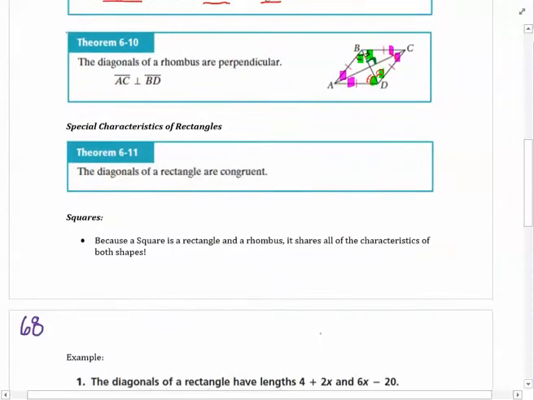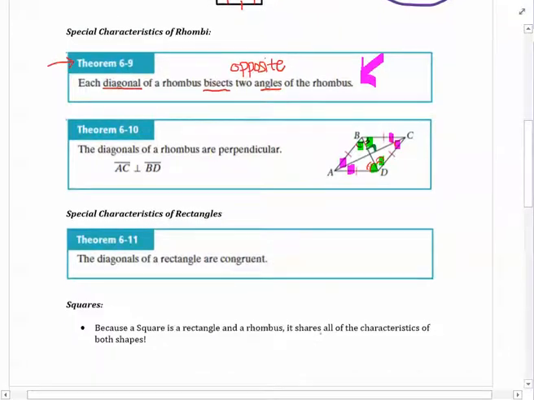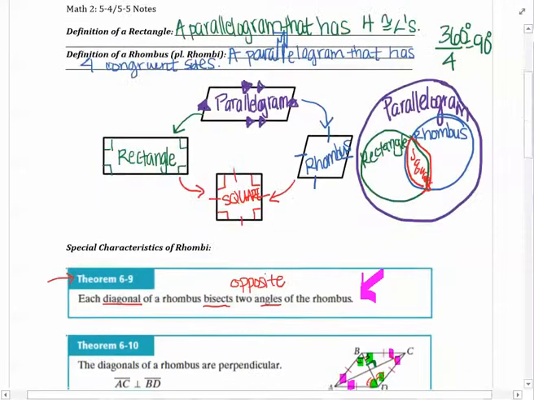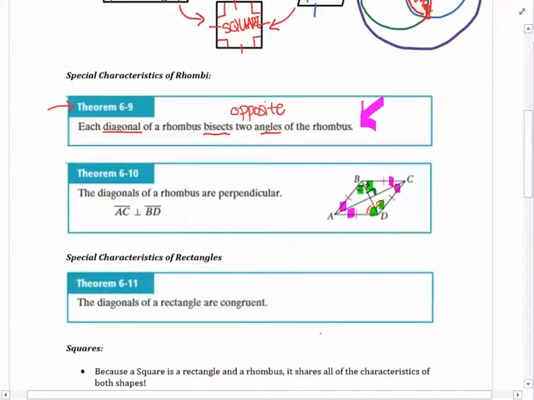Okay, and there's one characteristic of a rectangle, and that is the diagonals of a rectangle are congruent to each other. So if you have a rectangle, the diagonal from here to here, its entire length will be the same as the diagonal from here to here.